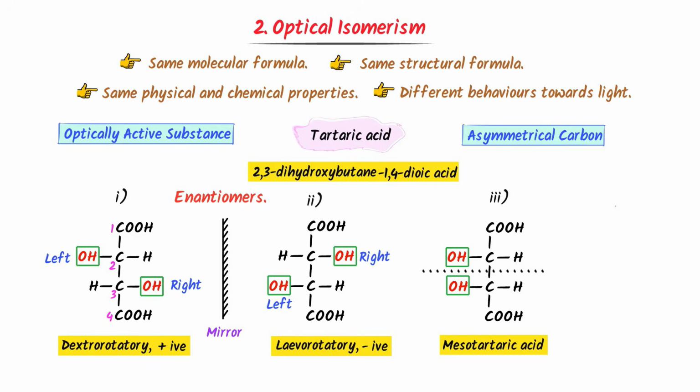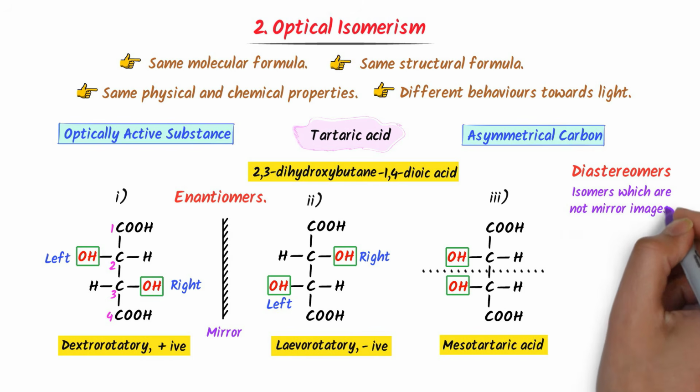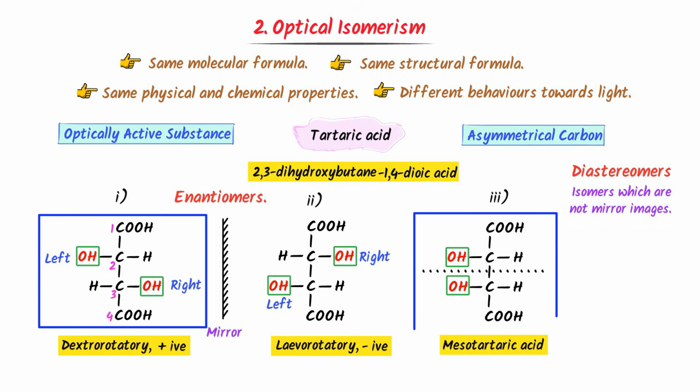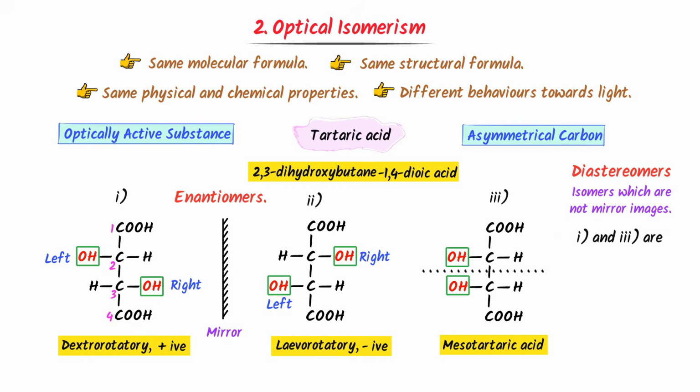Here, you must learn the concept of diastereomers. Those isomers which are not mirror images of each other are called diastereomers. For example, the first isomer and third isomer are not mirror images of each other. We say that the first and third isomers are diastereomers.